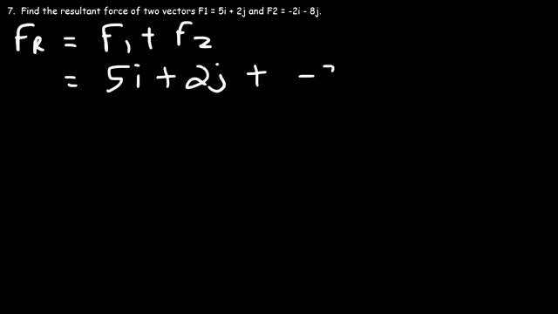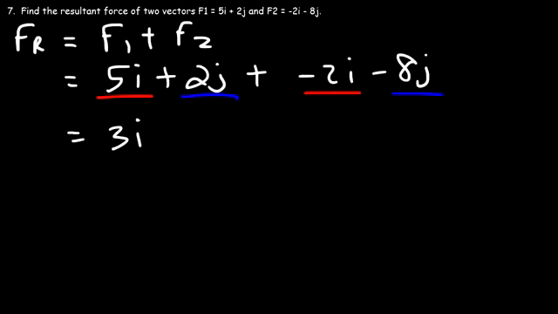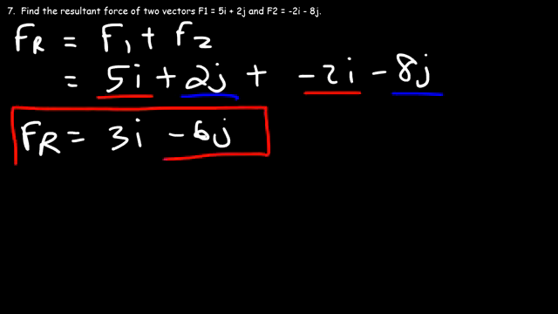F2 is negative 2i minus 8j. So what we need to do is add the x components together. 5i plus negative 2i is 3i. And then add the y components together. 2j plus negative 8j is negative 6j. So that's the resultant force vector in terms of the standard unit vectors, i and j.